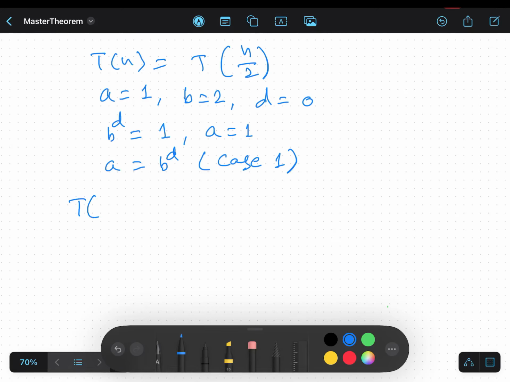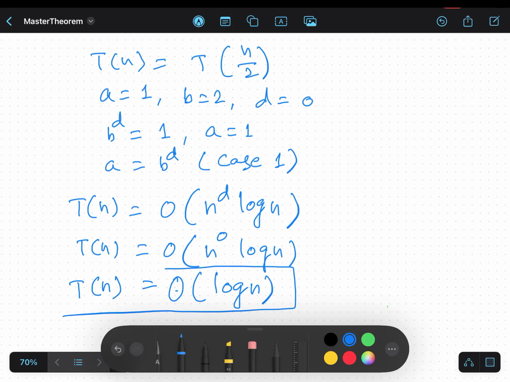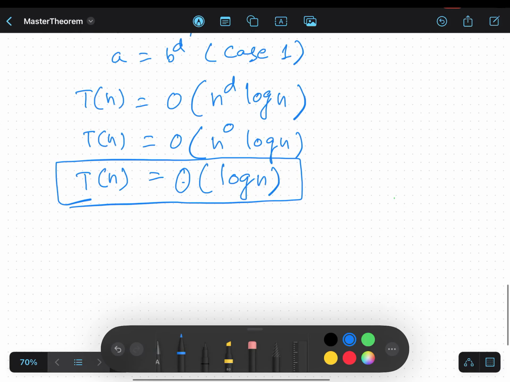So this is n raised to the power 0 log n, and this is O of log n, right? And that is the time complexity of binary search.